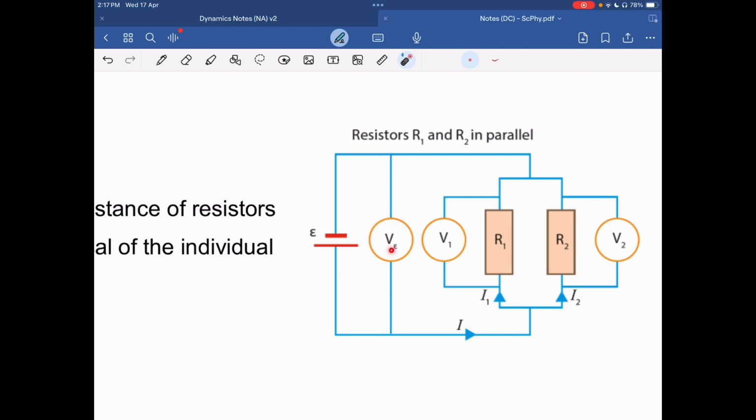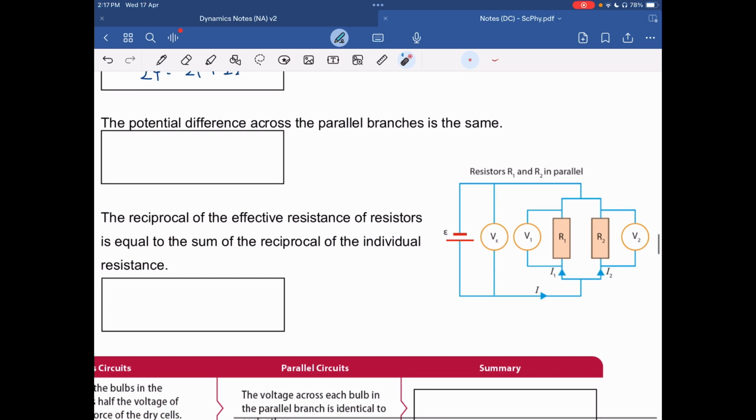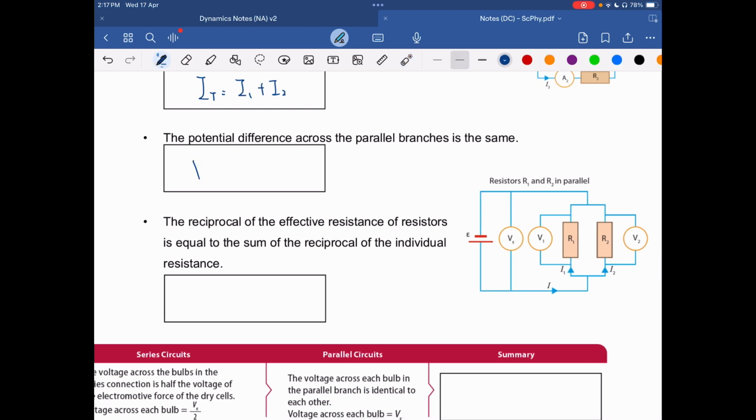That's why it's connected at these two particular points. So what this tells us is that VE will be equal to V1 plus V2. The potential difference, sorry, not V1 plus V2. V1 equals V2. The potential difference is the same across the parallel branches.